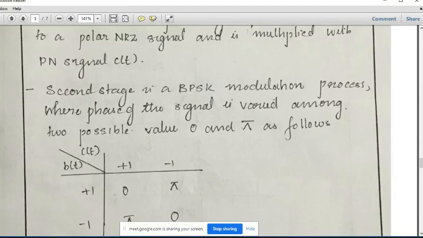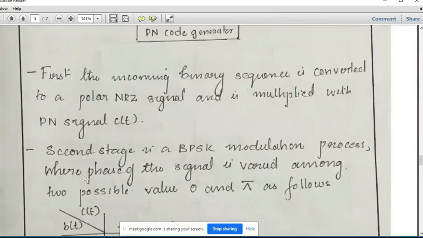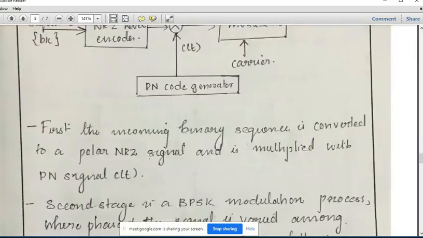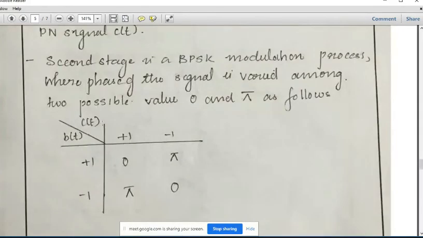Here we have b(t) and c(t). Since b(t) is given through a polar non-return to zero encoder, the b_k signal is converted into either +1 or -1. So b(t) can take two values, either +1 or -1. And c(t), we already know, can also take two values, +1 and -1.